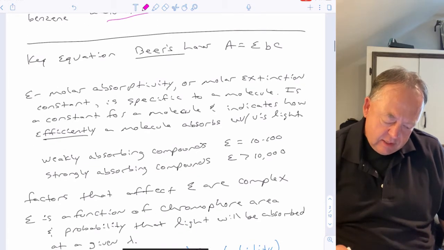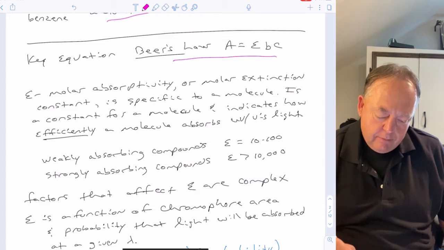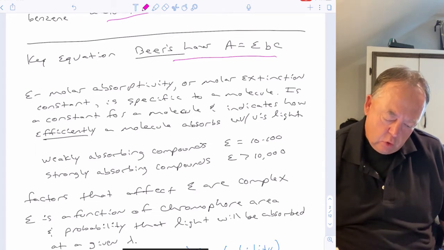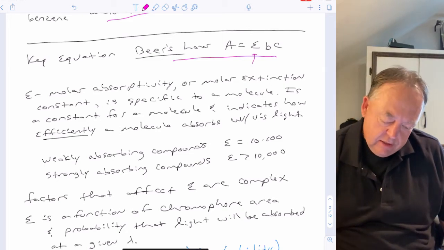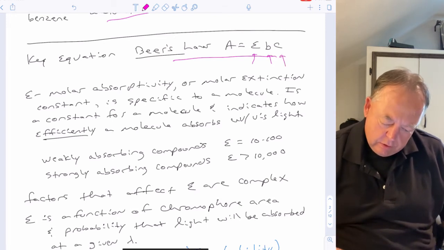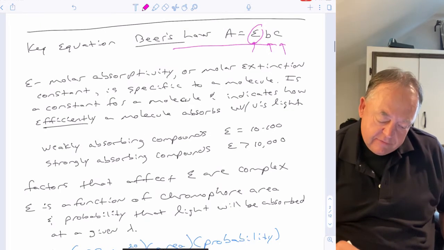Okay, so we talked about this last time. The key equation in UV Vis is Beer's law. Absorbance equals epsilon, the molar extinction coefficient, times path length times concentration. We want to take a little bit of time to talk about the molar extinction coefficient. It is specific to a molecule.